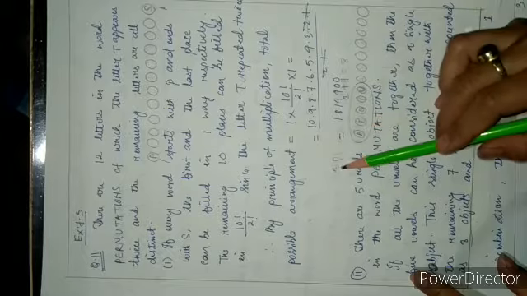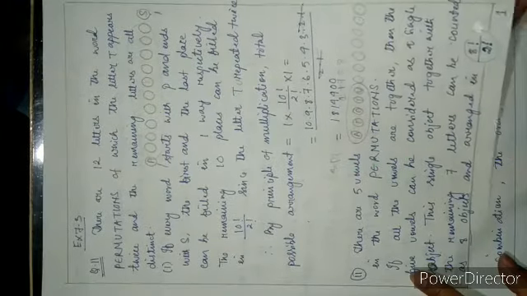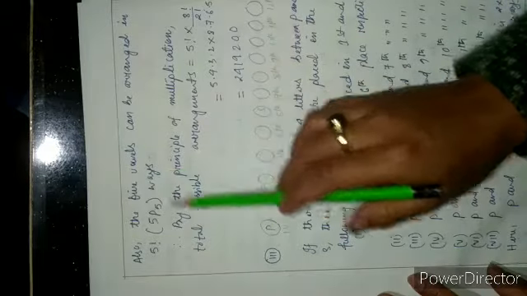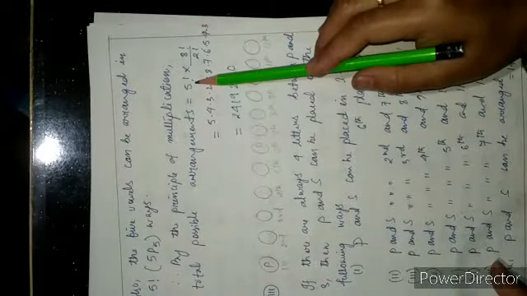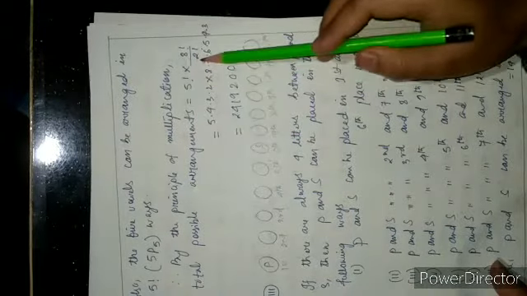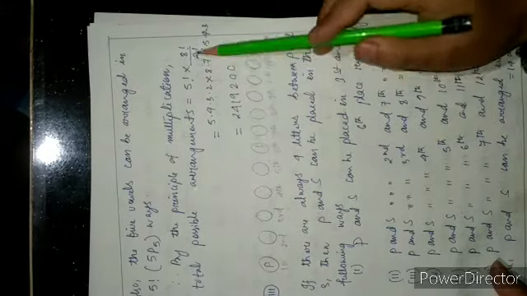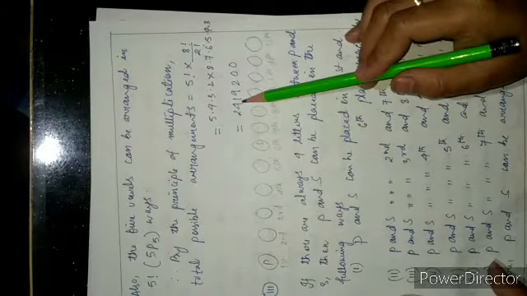The 5 vowels can be arranged in 5P5 ways, that is, 5 factorial ways. So by the principle of multiplication, the total possible arrangement is 8 factorial by 2 factorial into the arrangement of the vowels, and this is equal to 2419200.